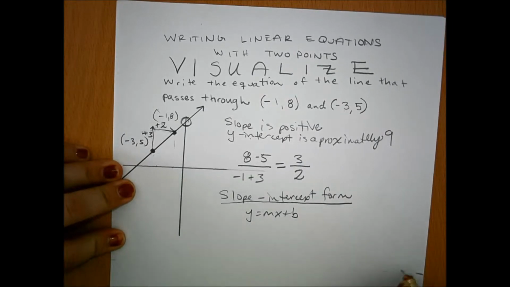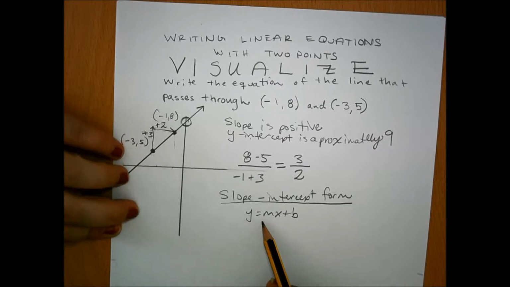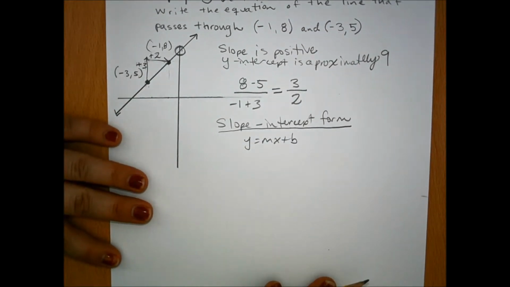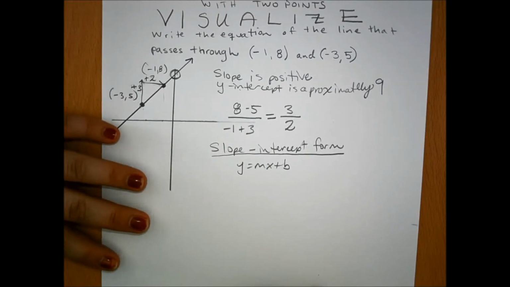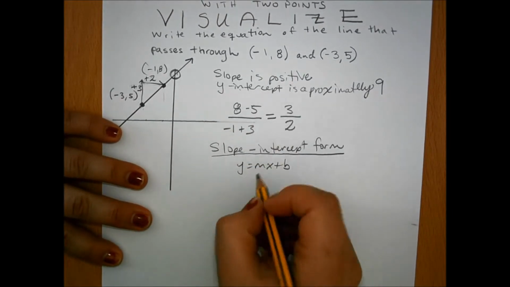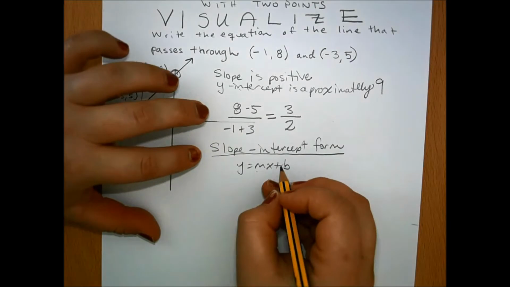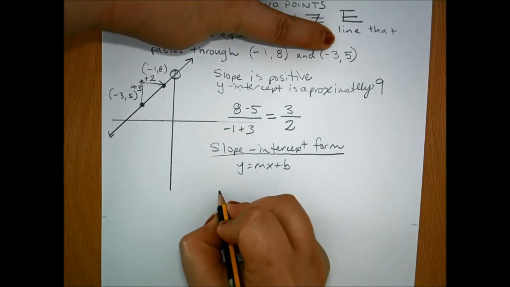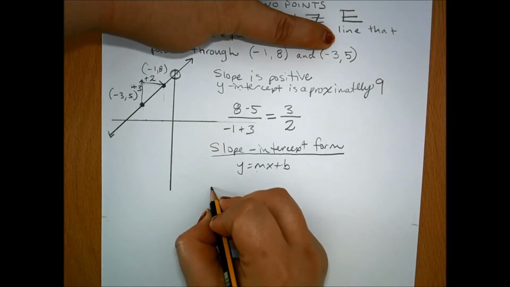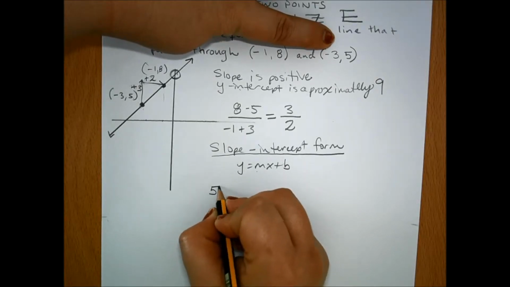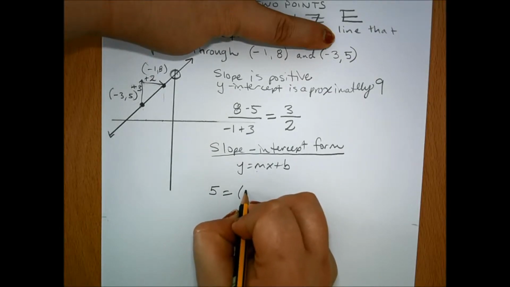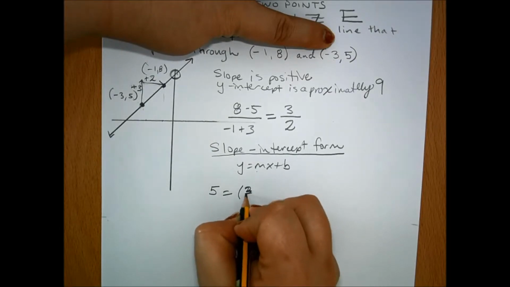Once we have the slope, we don't have the y-intercept, so we're going to have to solve for it. We're going to use the slope that we solved for before and one of the coordinates. It was suggested in class that we use the point (5, -3), but it doesn't actually matter which point you use.